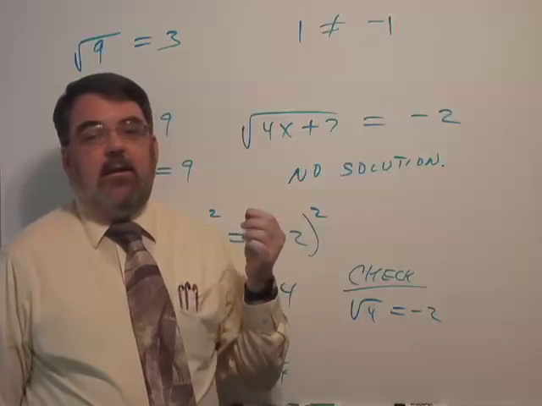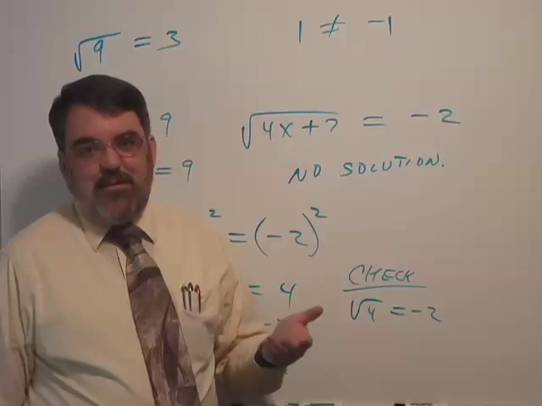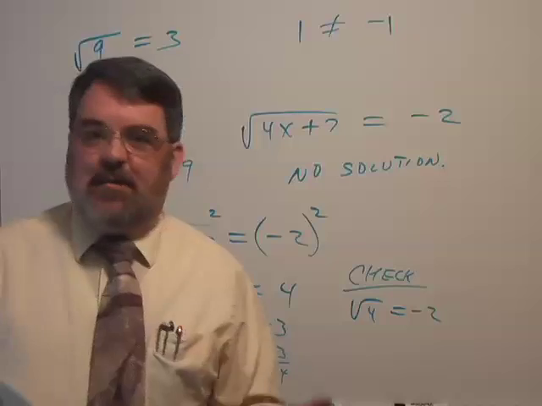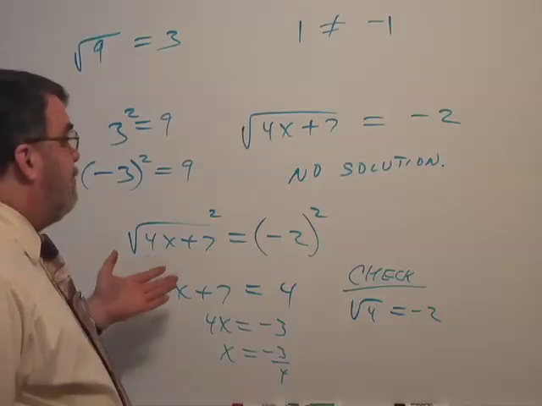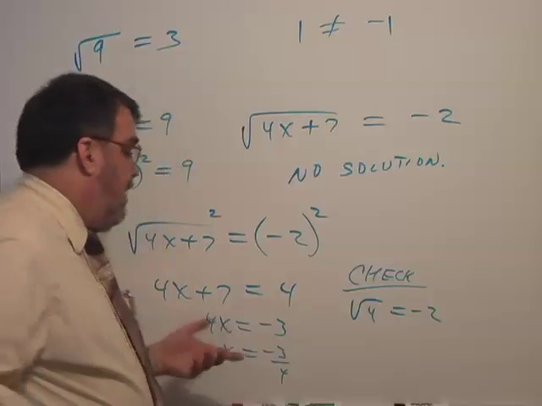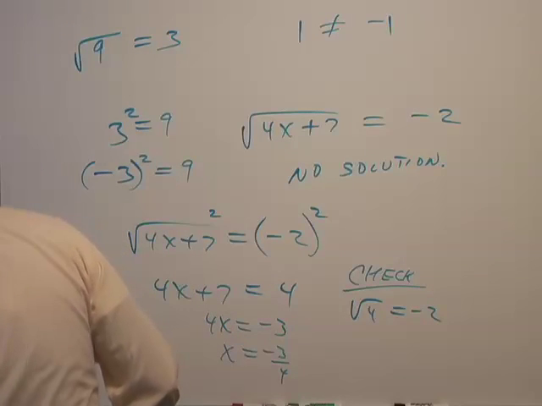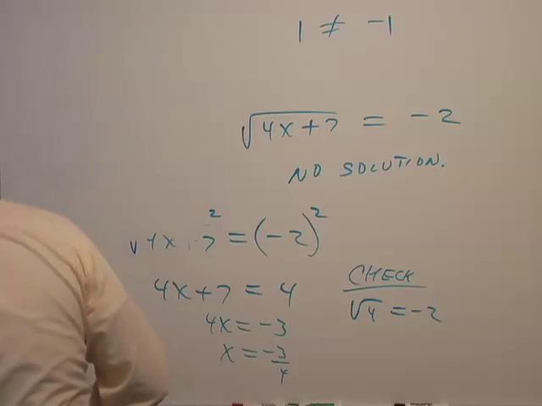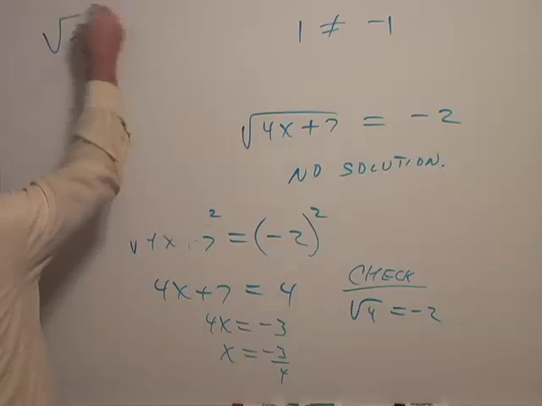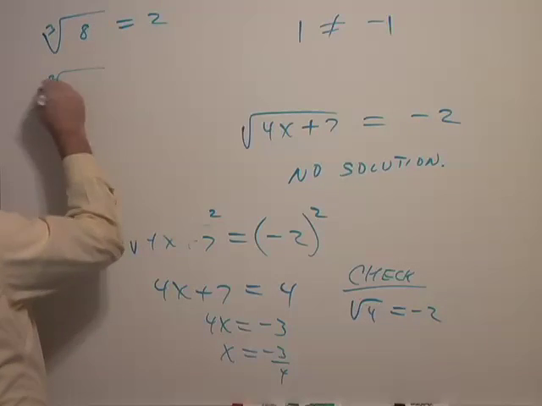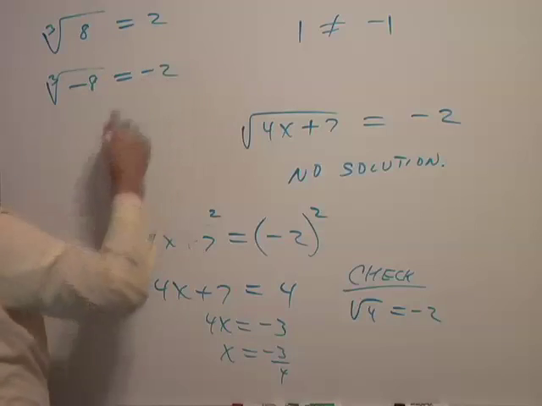Neither can a fourth root, or a sixth root, or an eighth root. Anything with an even index, an even root, cannot equal a negative. Now, a cube root could be negative, for example. The cube root of positive 8 is 2, and the cube root of negative 8 is negative 2.